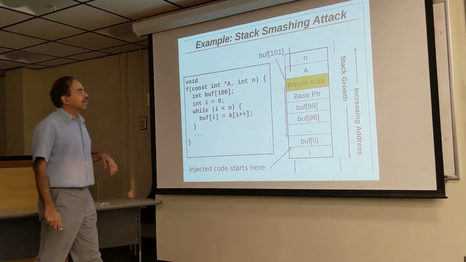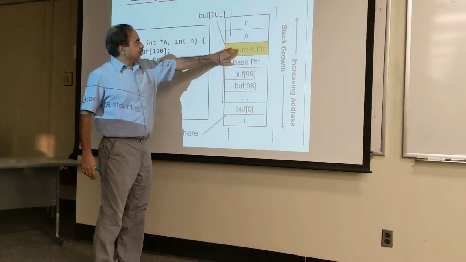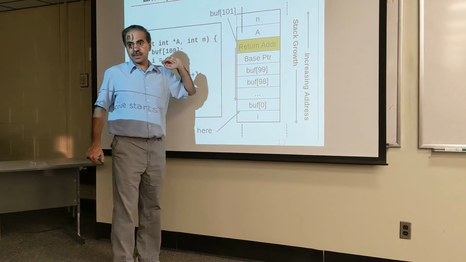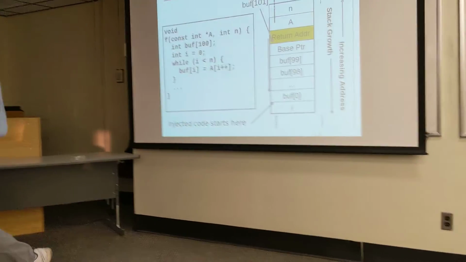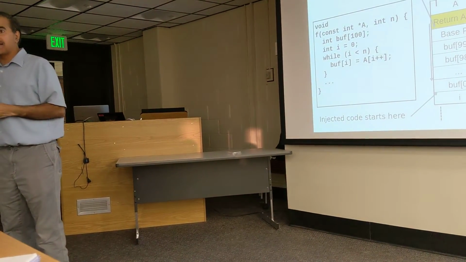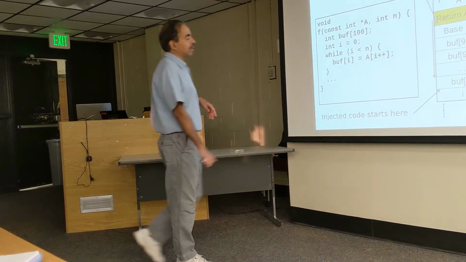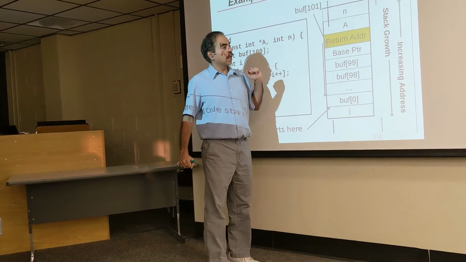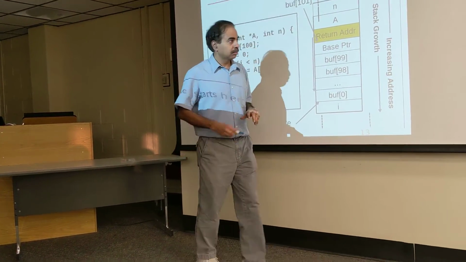stack smashing, the entity you want to protect is the return address, right? And you want to put in a canary that will tell you whether the return address was corrupted.